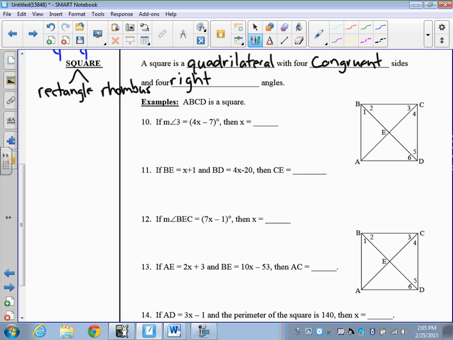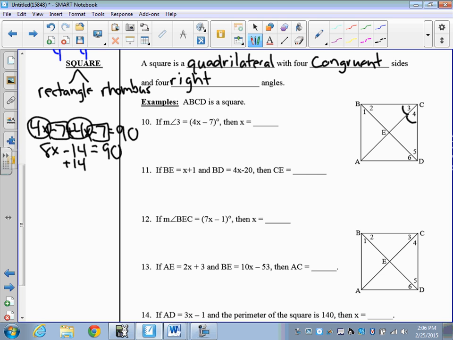So we're told ABCD is a square. The measure of angle 3 is 4x minus 7. We know that it has to be equal to the measure of angle 4 also, because that's a property of a rhombus. So 4x minus 7 plus 4x minus 7 equals 90. Combining like terms, 8x minus 14 equals 90.